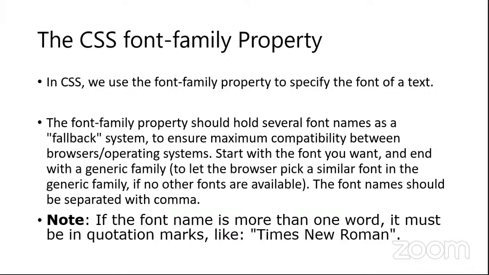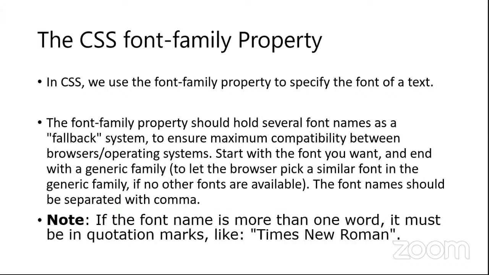The CSS font-family property. In CSS, we use the font-family property to specify the font of the text. The font-family property should hold several font names as a fallback system to ensure maximum compatibility between browsers and operating systems. Start with the font you want and end with a generic family, to let the browser pick a similar font in the generic family if no other fonts are available.